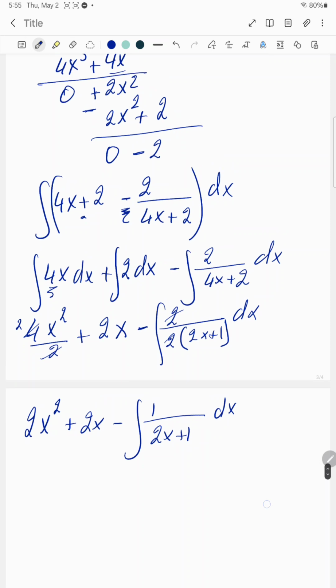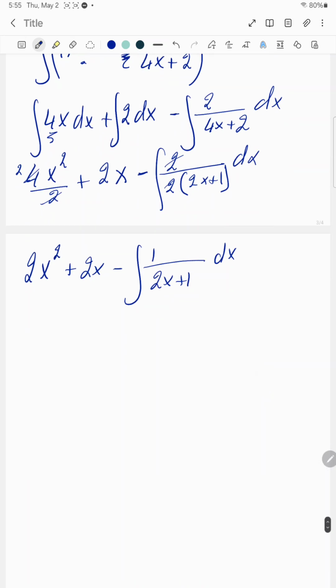dx. And now I will introduce you to the change of variable. With the change of variable, I don't have any formula that resembles this one, and it is difficult to do it in any other way. So I can say let u equal 2x plus 1. So my du, derivative of u, is equal to 2 dx.